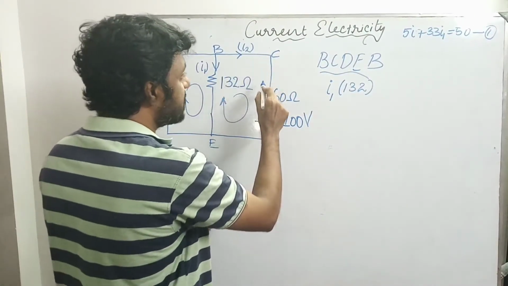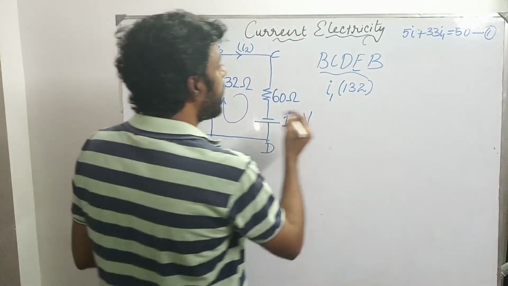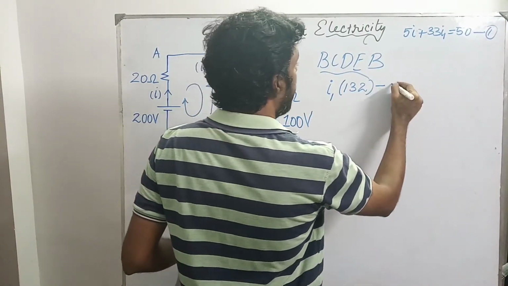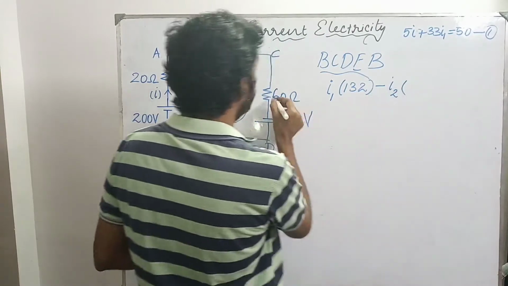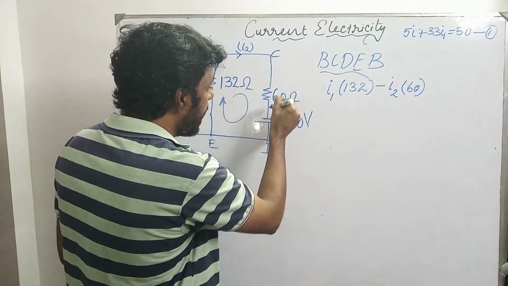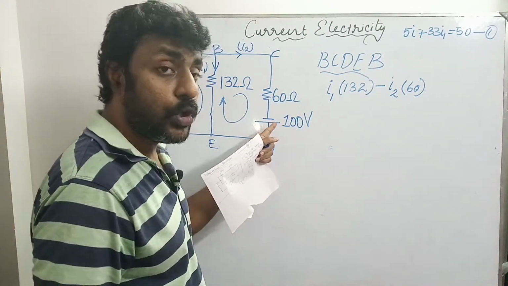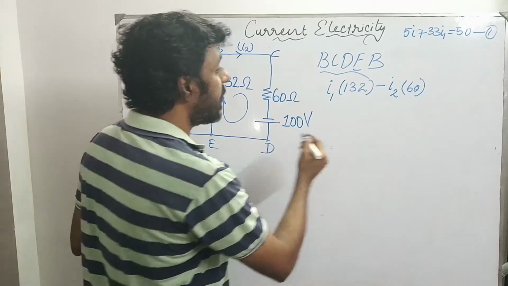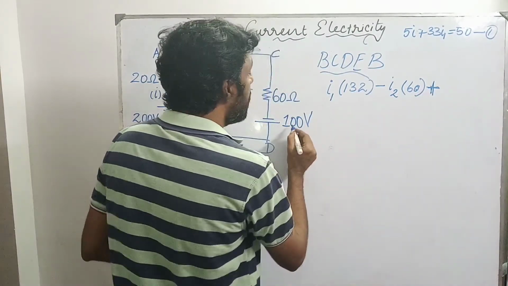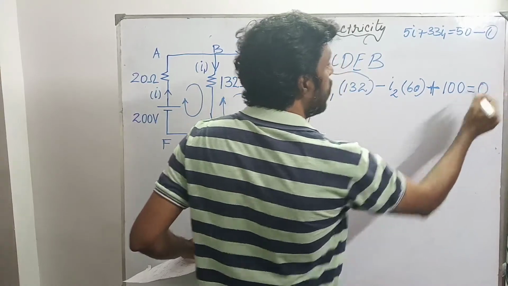Again, when I am traveling in this direction, I encounter a current I2 that is flowing along with me. So I introduce a negative sign and put I2 into the value of the resistor, 60. Now I reach the negative terminal of the 100 volt battery source, so I assign a positive sign, write the value of the voltage source and equate it to 0.